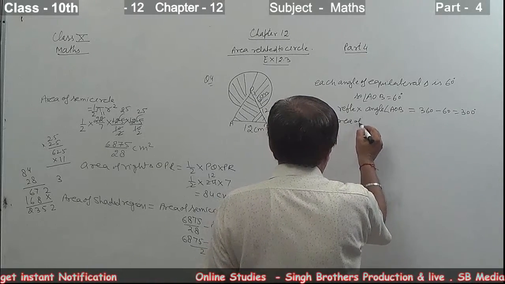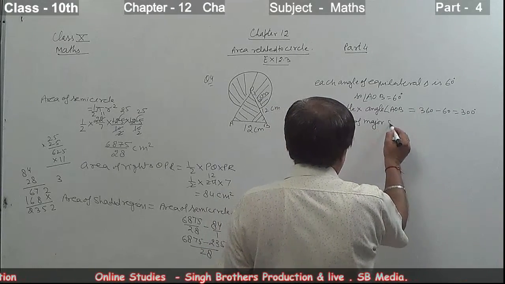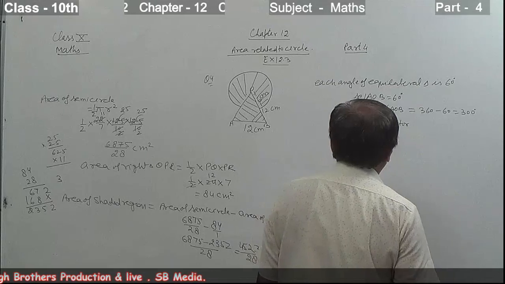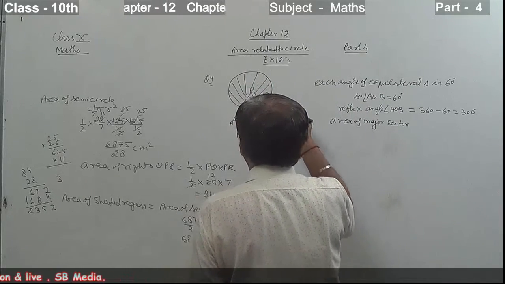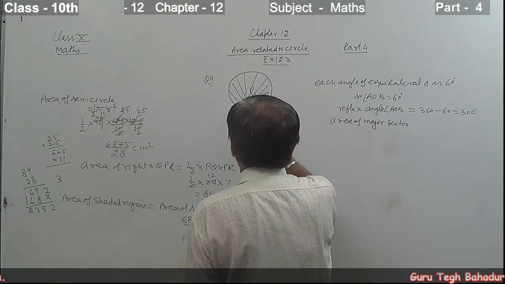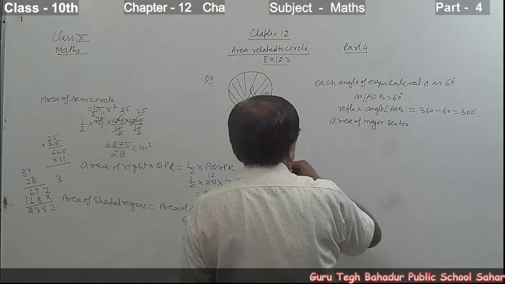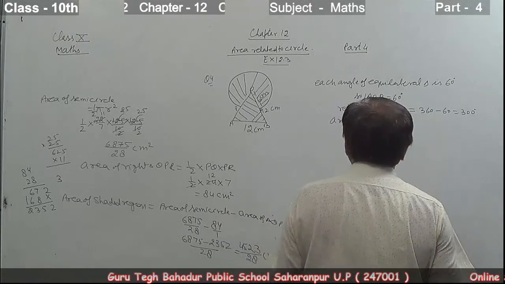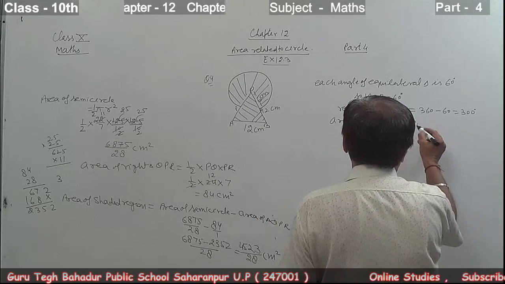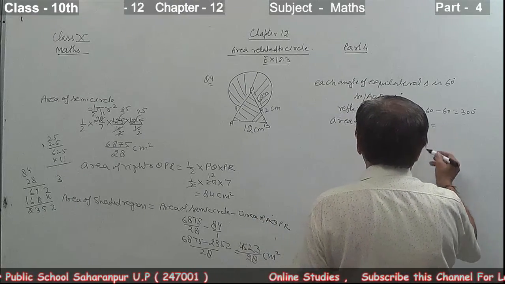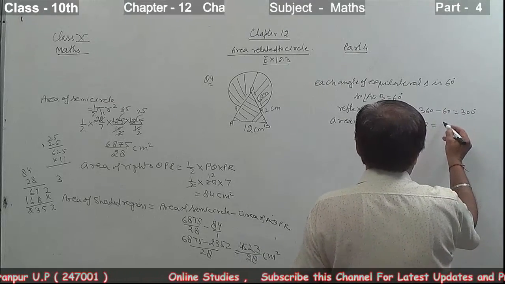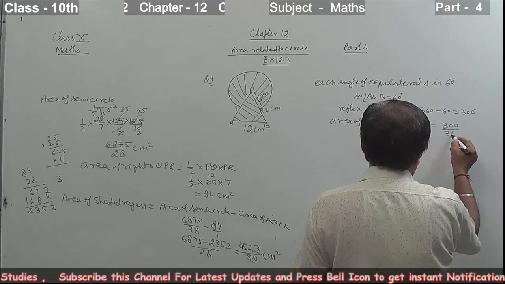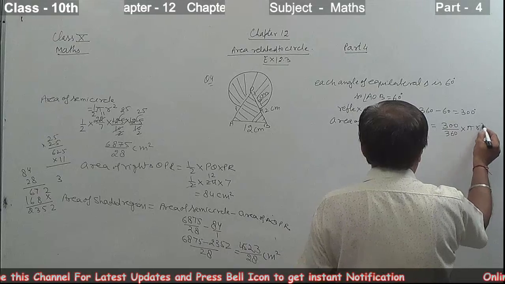Area of major sector AOB, here you can write the name POQ, area of major sector POQ is 300 upon 360 into pi r square.